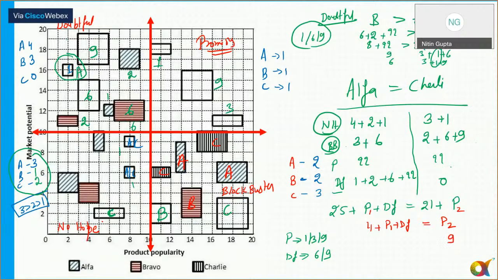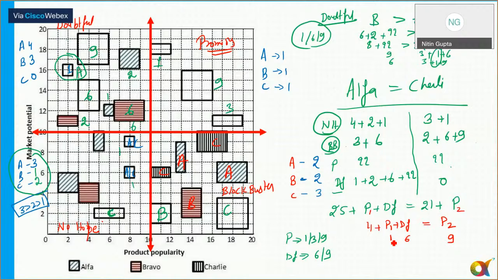And on the left hand side for Alpha, how much does it come out to be? DF, I can take it as 6. And P1, I can take it as 1. I can take 6 and 1. So 2, 9 and 3. No. Alpha and Charlie.